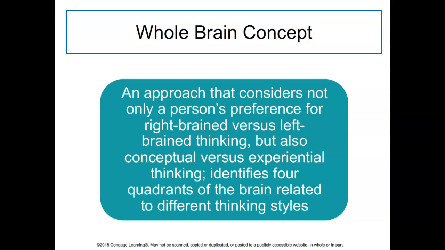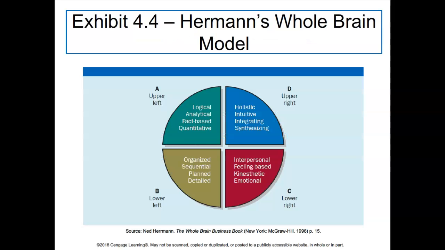And the whole brain concept is an approach that considers not only a person's preference for right versus left brain thinking, but also conceptual versus experiential thinking, and identifies the four quadrants of the brain related to different thoughts and styles of thinking. So here's a breakdown of Herrmann's whole brain model. And maybe you can see yourself in this model.